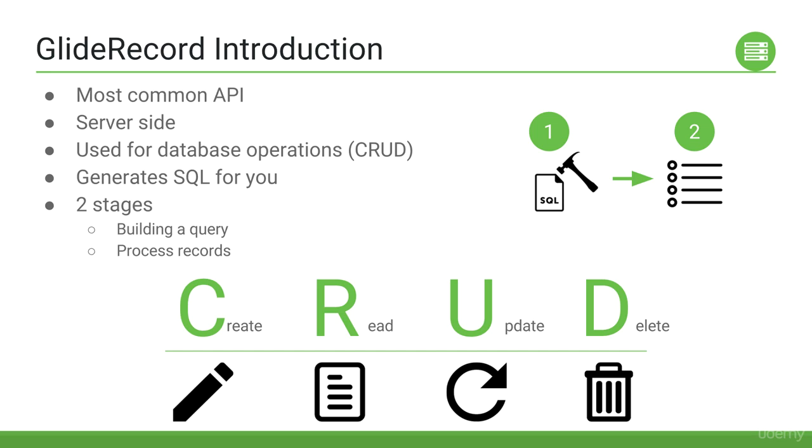So, for example, if we wanted to update specific fields or even delete certain records, we could do so here. In this stage of the GlideRecord, you can think of it as being an ordered list of records. For example, when we view a list of incidents on the incident table, GlideRecord is being used behind the scenes to query the database and retrieve the data related to a specific filter of incidents.